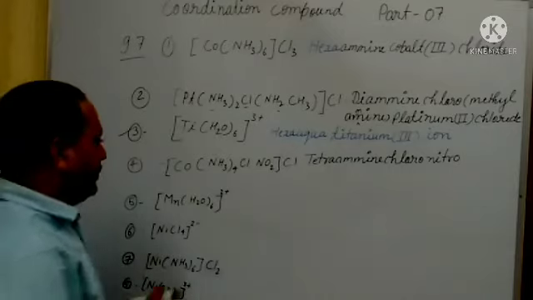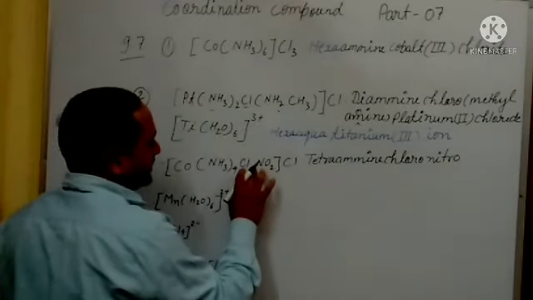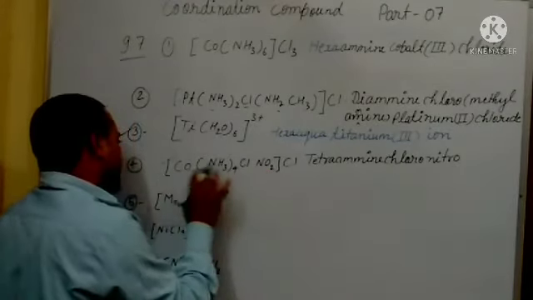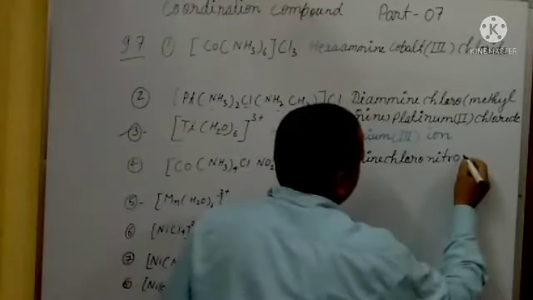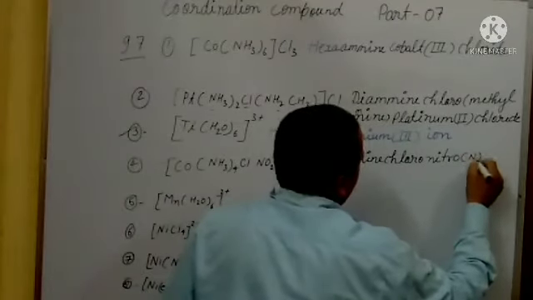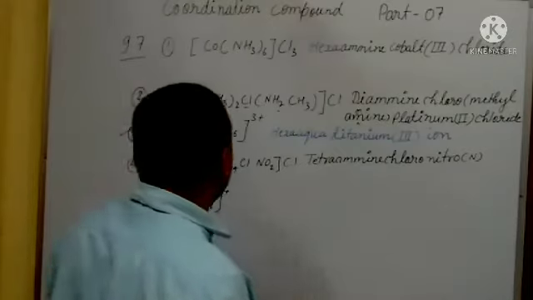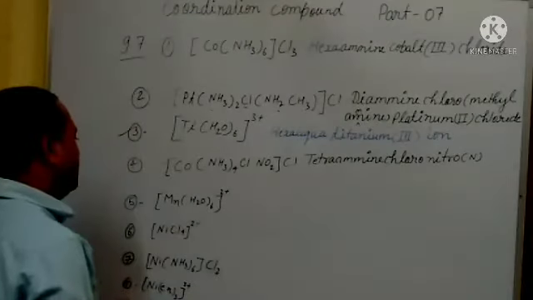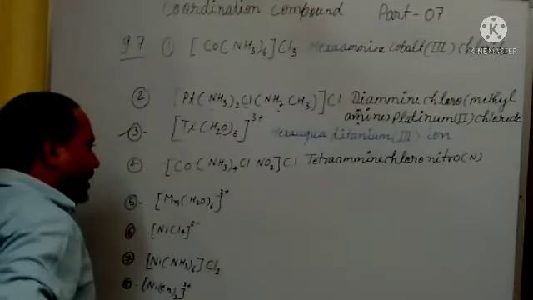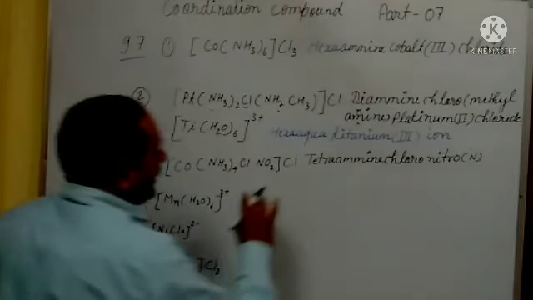Here it is written like this, which means it is bonded to the central metal atom by N. So in brackets you will write N. And then the oxidation state of the central metal atom. Now the names of the ligands are over.